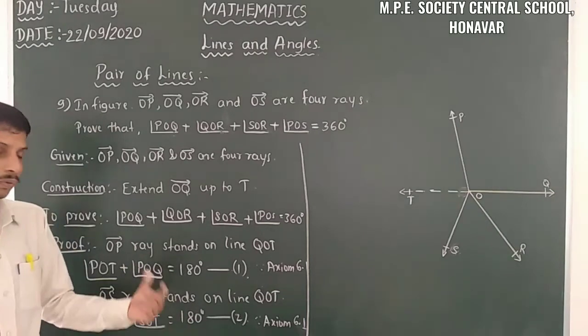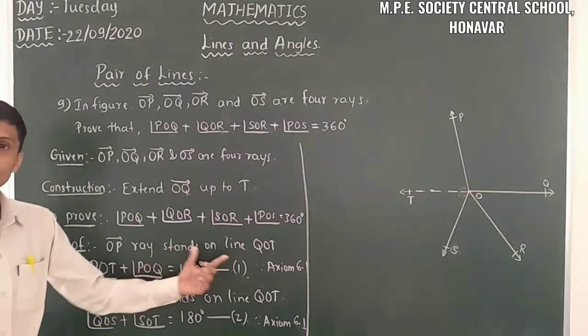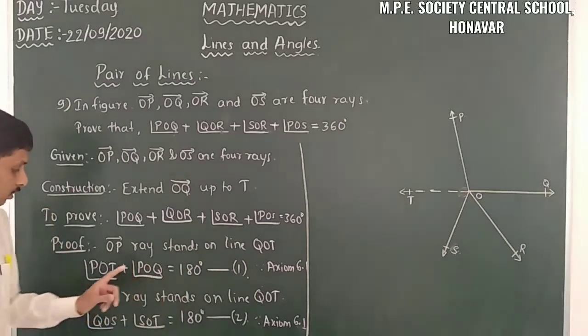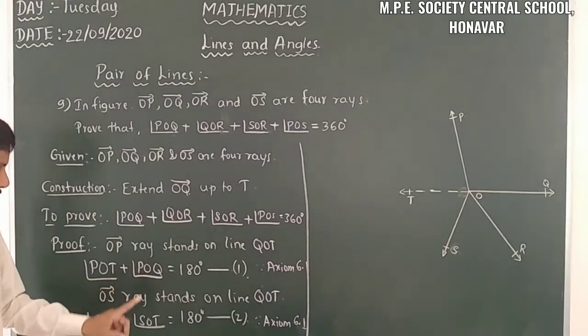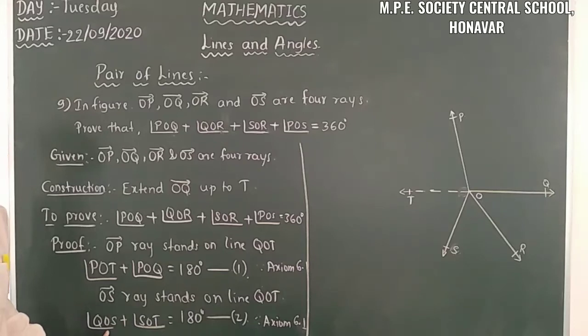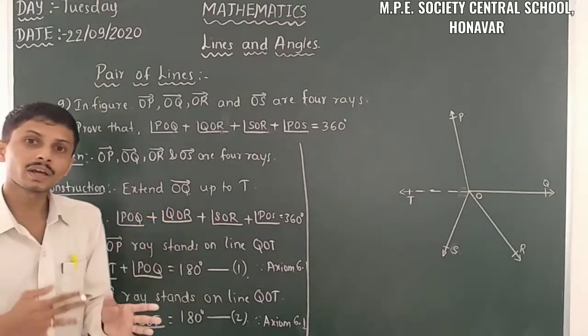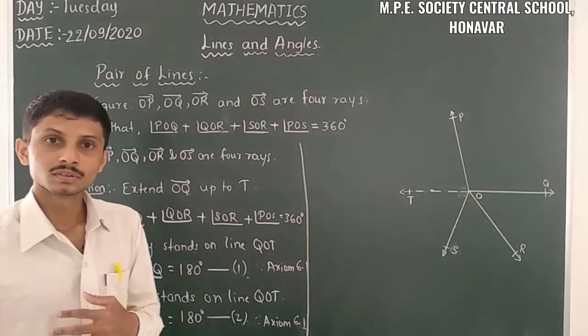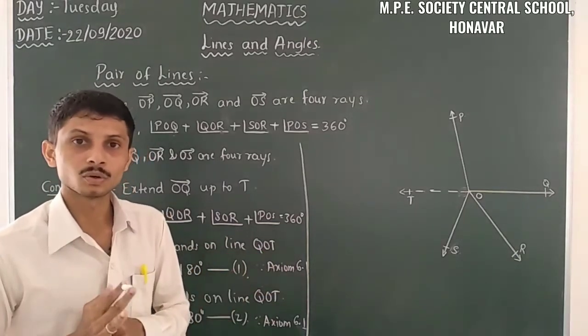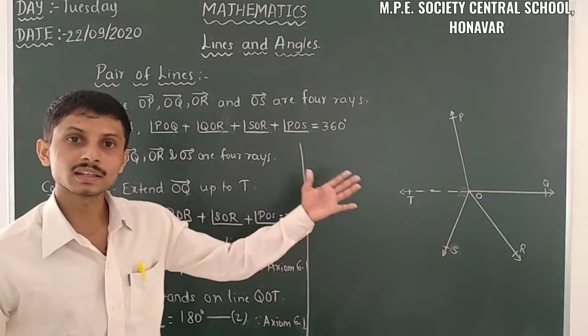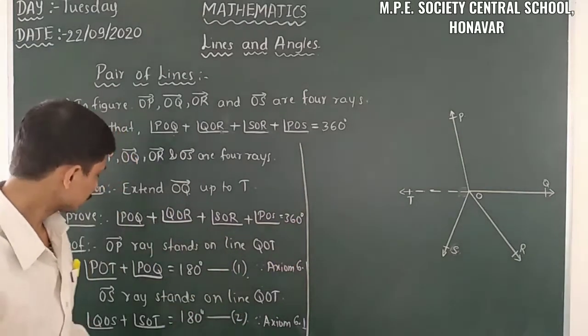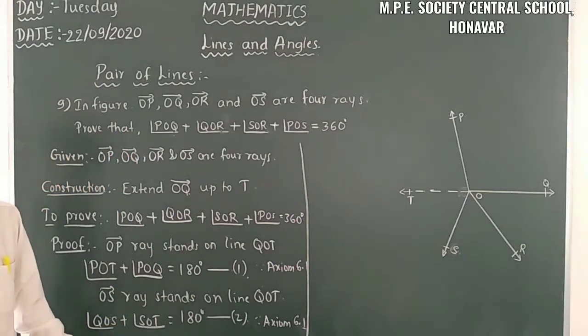So that's why we can add 1 and 2. So we want angle POQ, angle QOS, and after that we have to take other angles also. From the diagram we can take the other angles also.